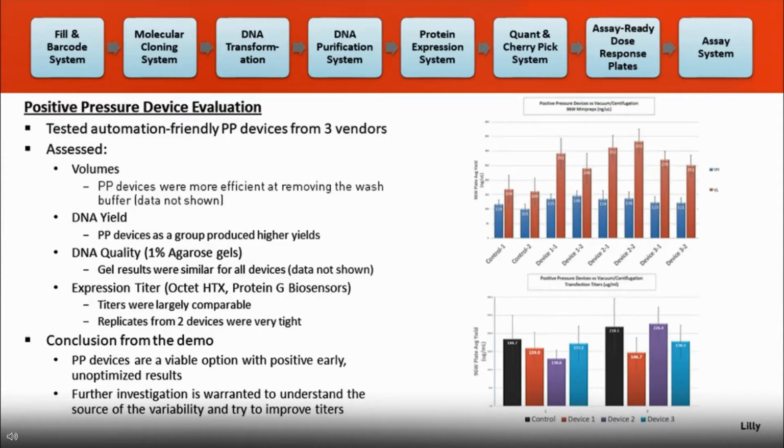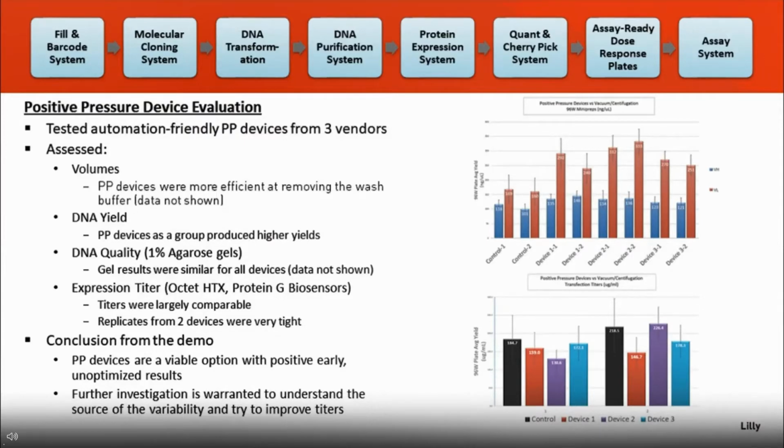There is some variability in here, but by and large, we have run-to-run and plate-to-plate variability within this degree on our transfection system. And so we believe the DNA produced from these positive pressure devices was right in line with what we were looking for. It was nice to see those results.